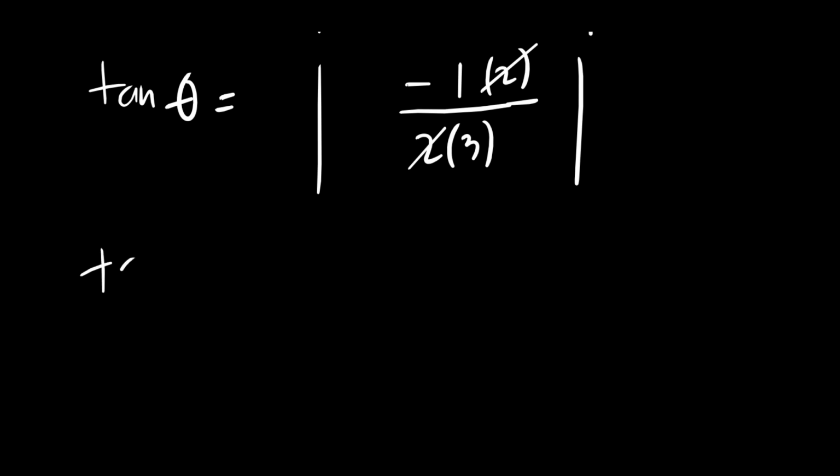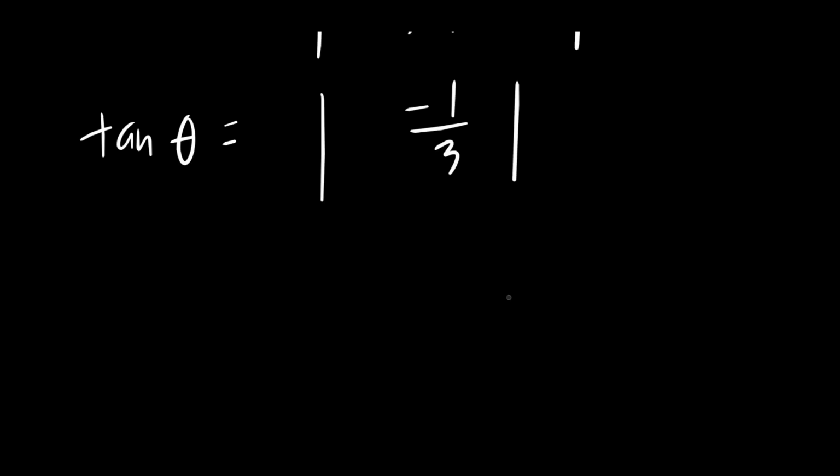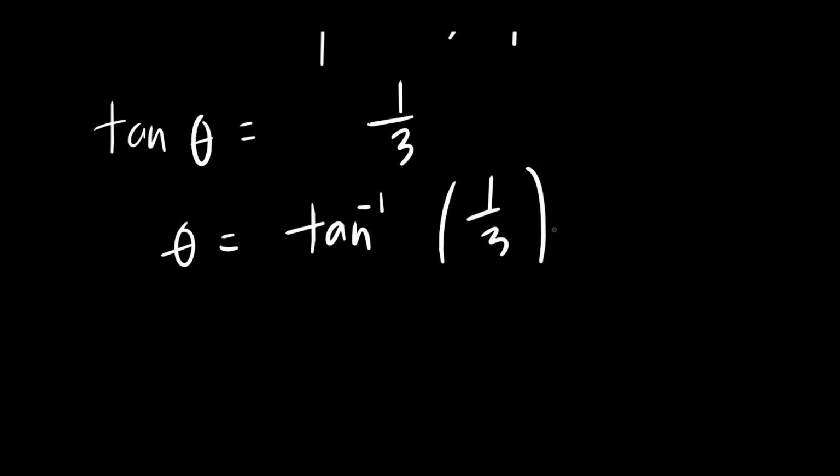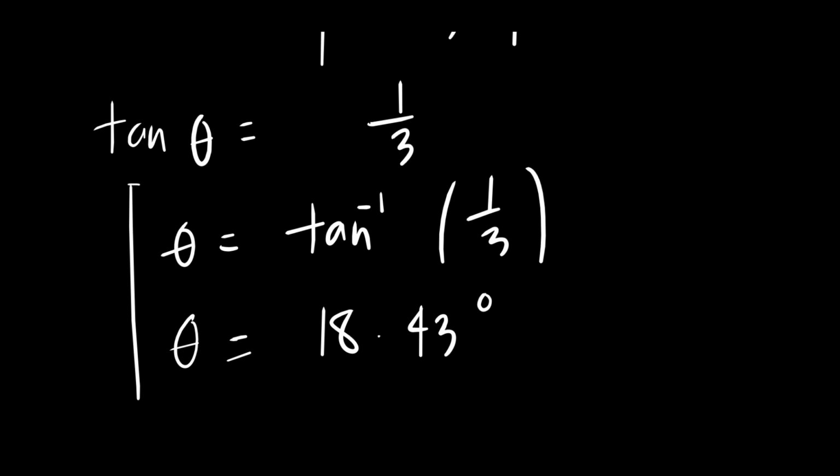After this, tan theta is equal to the absolute value of negative 1 all over 3. So tan theta is equal to 1/3. So theta is equal to arctan of 1/3. What is the value of arctan of 1/3? Using a calculator, it is 18.43 degrees. So this is our final answer.